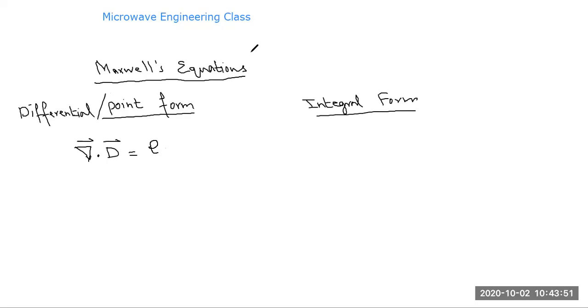This notation is known as divergence. Second equation is divergence of magnetic flux density is always equal to 0.